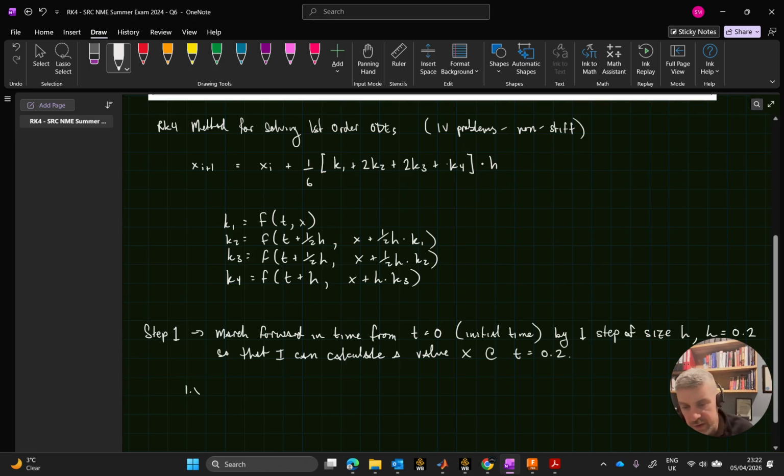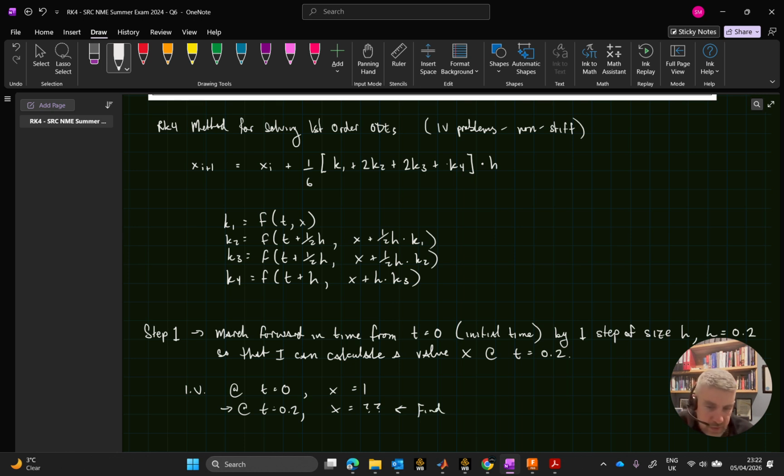So the initial value said that at t is equal to 0, x was equal to 1. I want to find at t is equal to 0.2, x is equal to what? That's what I want to find.